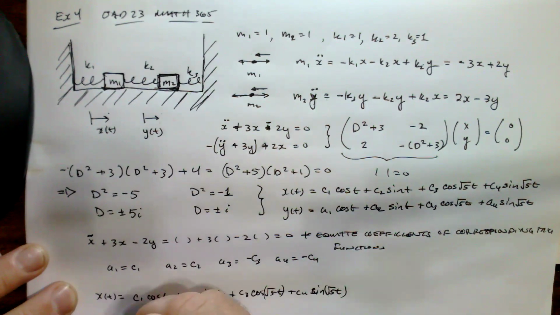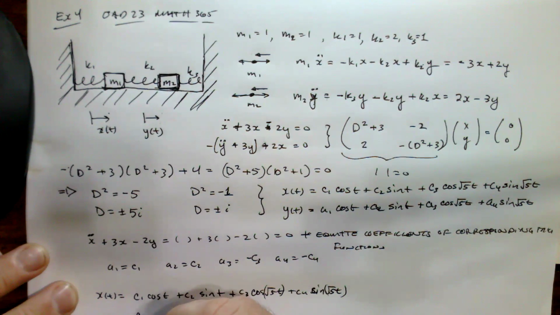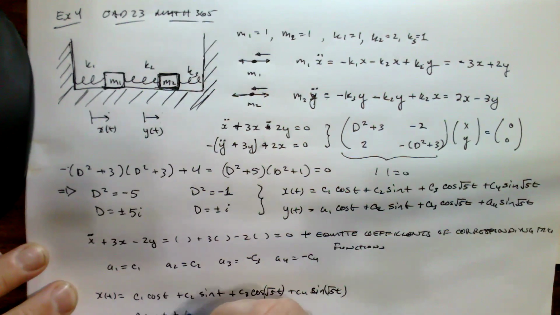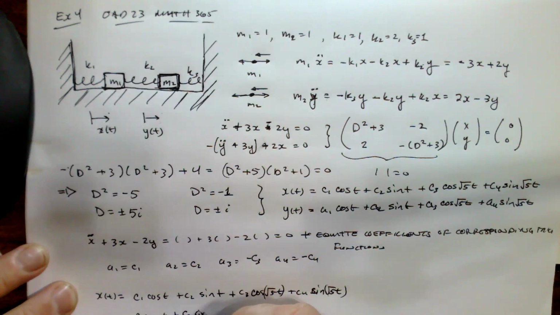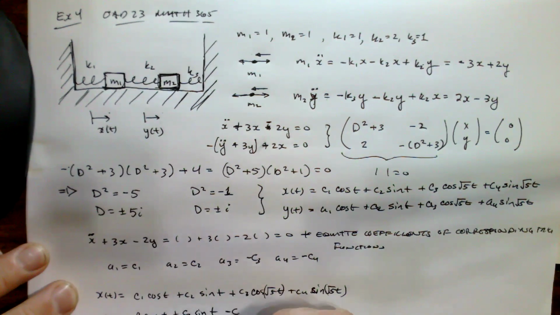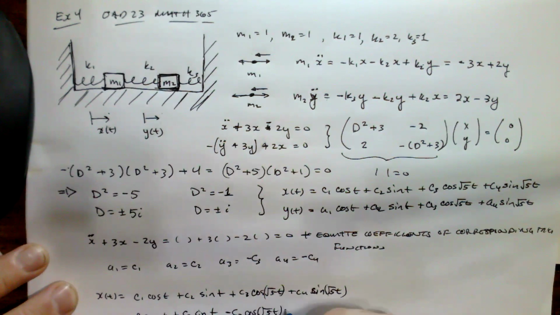And y of t is going to equal C1 cosine t plus C2 sine t minus C3 cosine square root of 5t minus C4 sine square root of 5t.